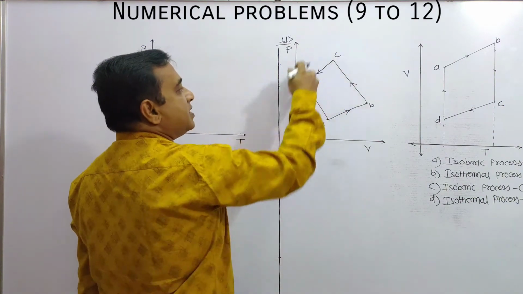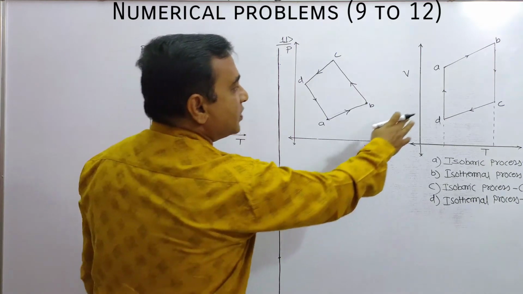This is the ABCD cycle, and this is your PV diagram with the help of the VT diagram.